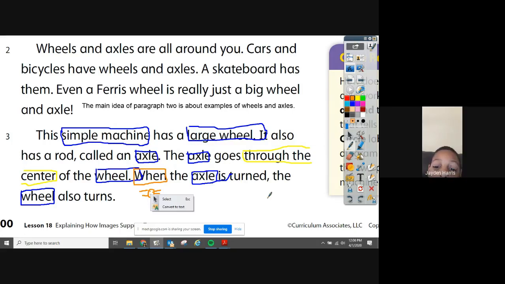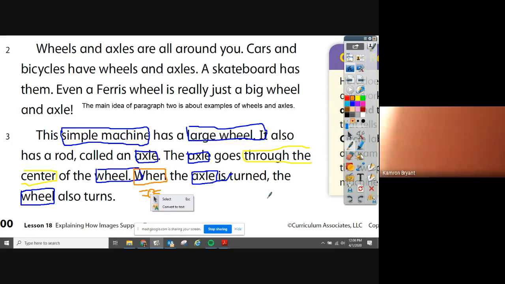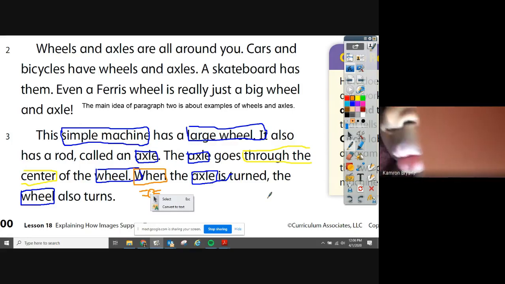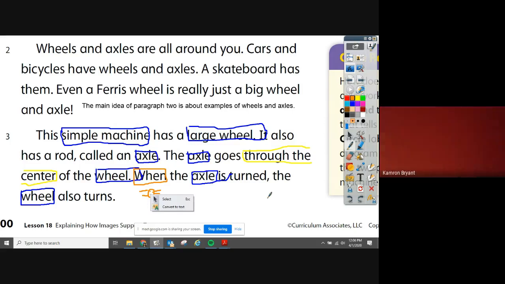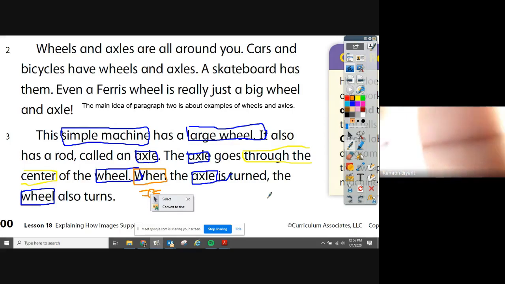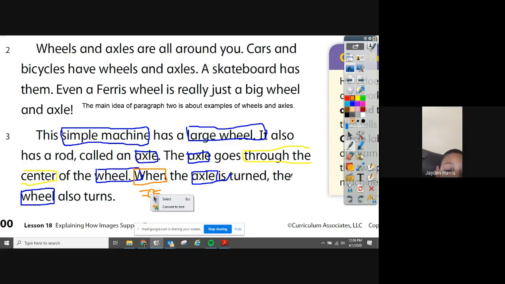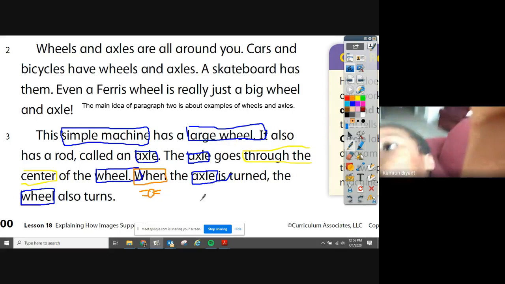This is a yes or no question: do we find out the reason why something is? No. Do we find out how something works? Yes. When the axle is turned, the wheel also turns. That tells me how.